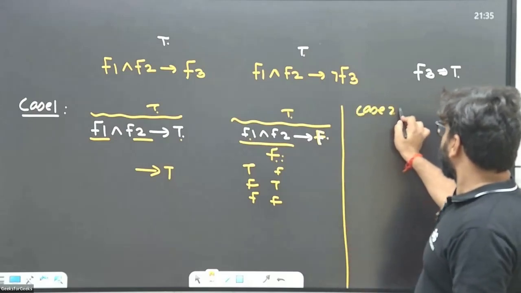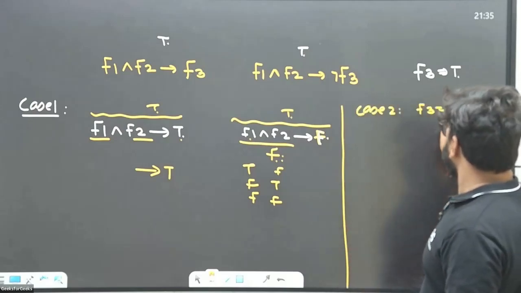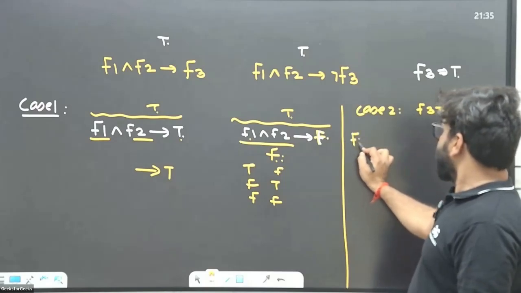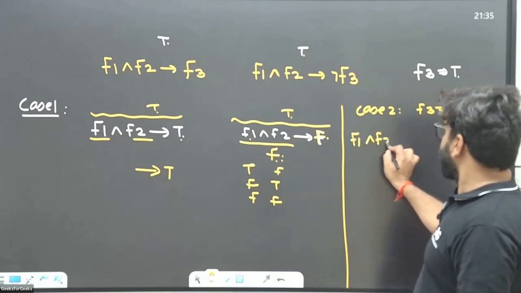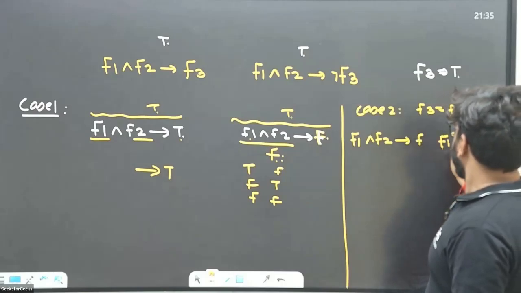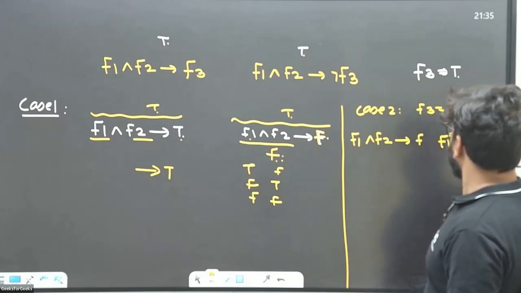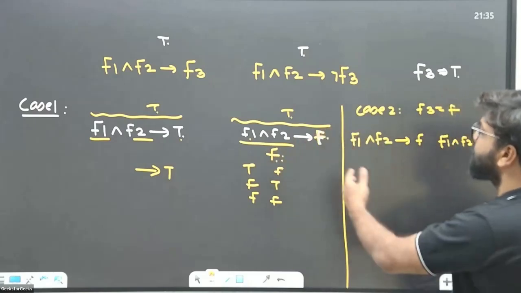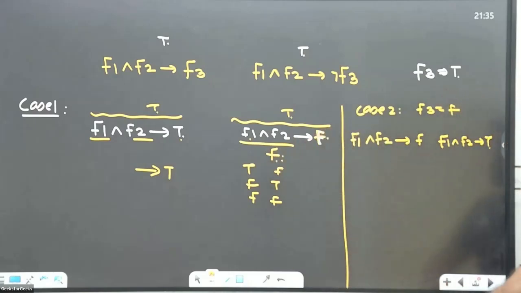Case number 2, for example, you take F3 as false. So F1 and F2 implies false here, and F1 and F2 implies true. Basically it turns out to be the same condition. I mean, case 1 and case 2 both become only one case.